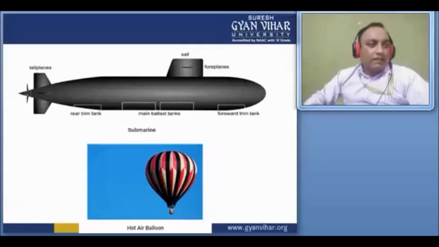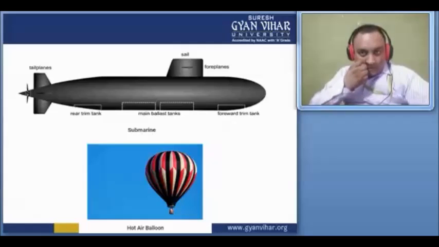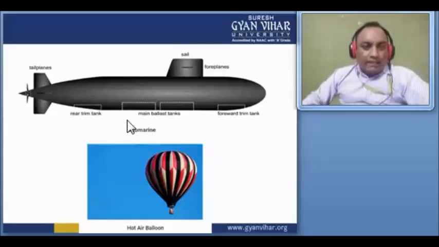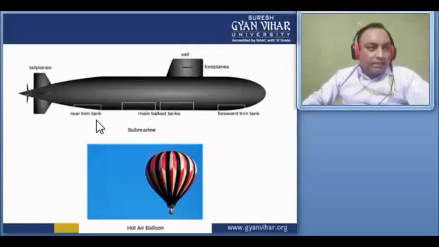For the case of submarine, it contains different types of tanks. This is the rear trim tank, this is the forward trim tank, and this is the main ballast tank.